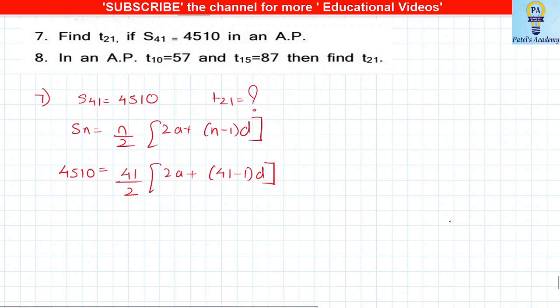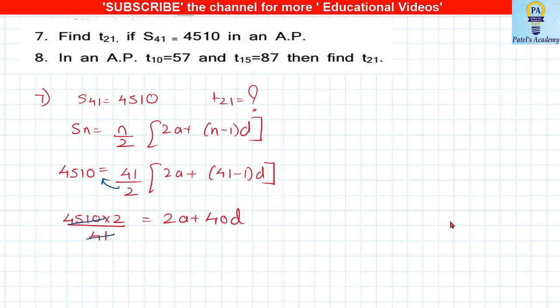Okay, so the next step, I'm shifting 41 upon 2 over here. What I'll get is 4510 into 2 upon 41, equals 2a plus 40d. Now here 4510 and 41 will divide.